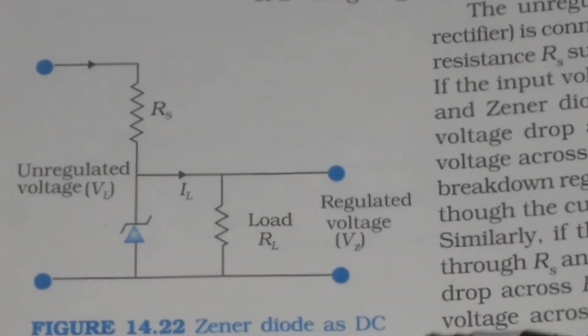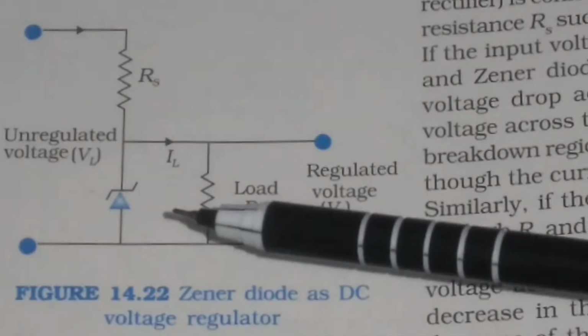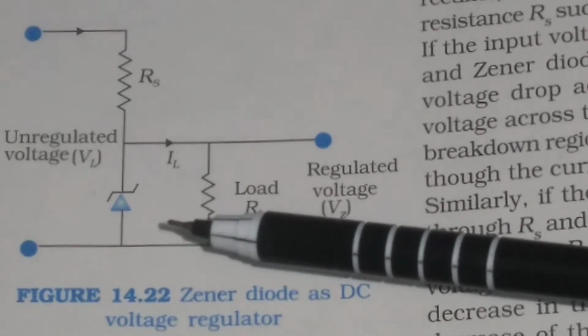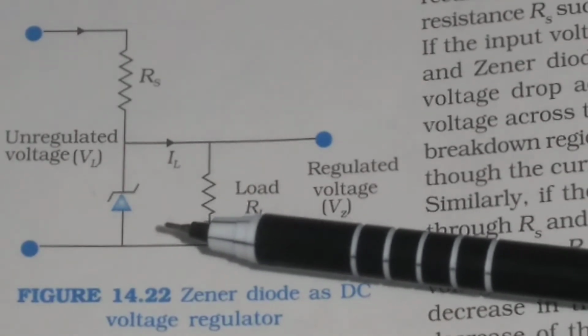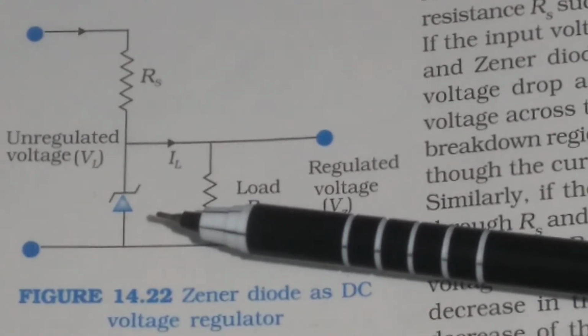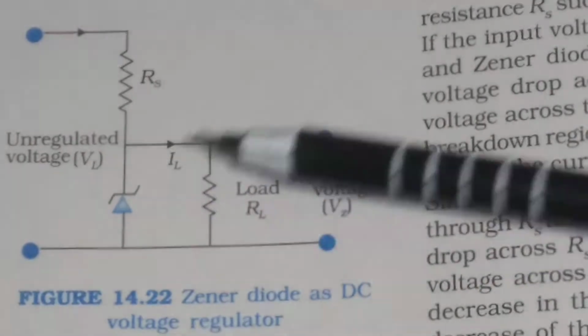But the voltage drop across the Zener diode remains the same, because in the breakdown region, the Zener voltage remains constant even though the current through the Zener diode changes.